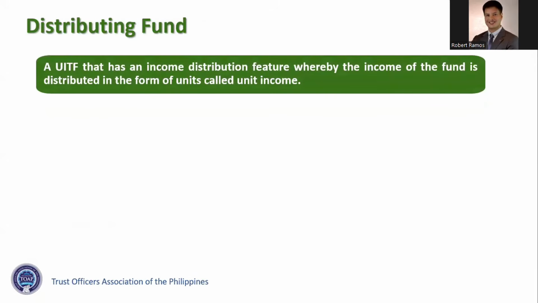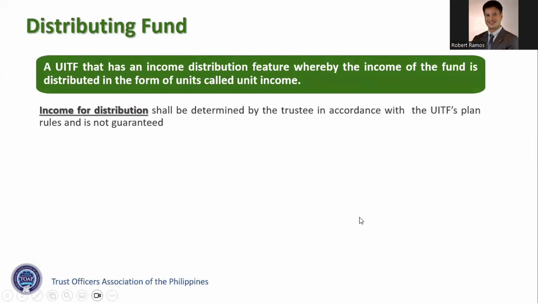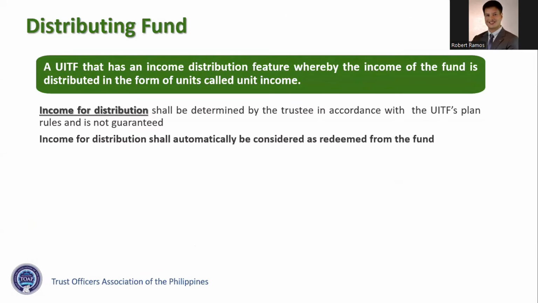A distributing fund, on the other hand, is a UITF that has income distribution features, whereby the income of the fund is distributed in the form of units called unit income. The income for distribution shall be determined by the trustee in accordance with the UITF's plan rules and is not guaranteed. So the income for distribution shall automatically be considered as redeemed from the fund.